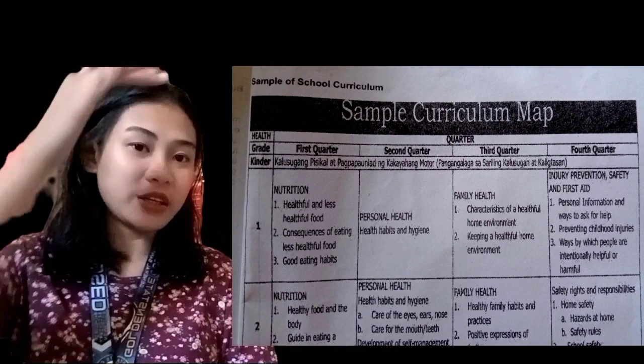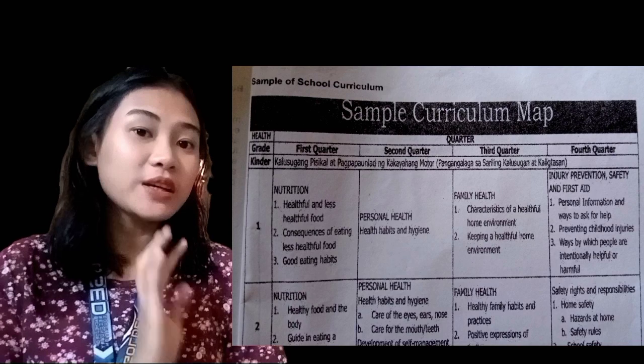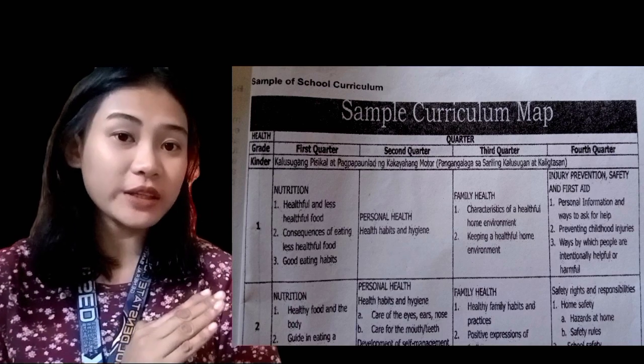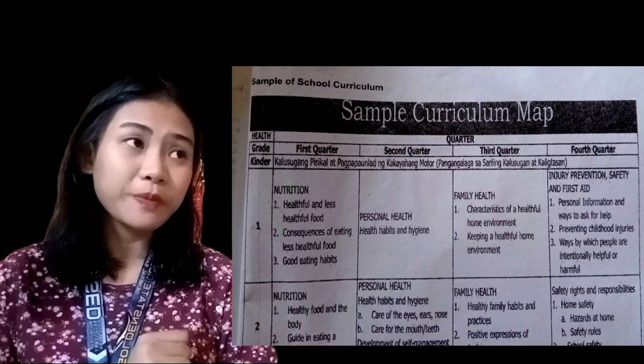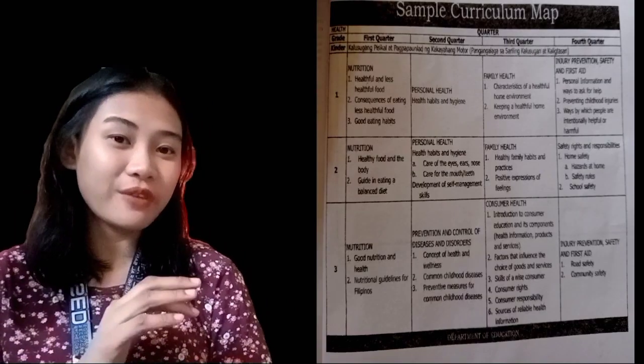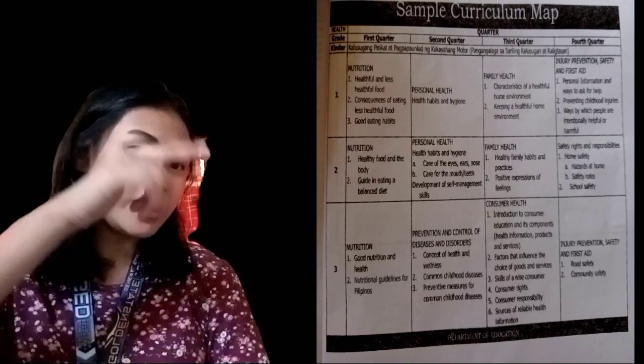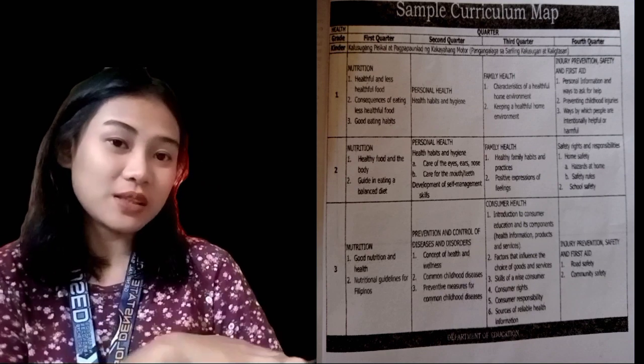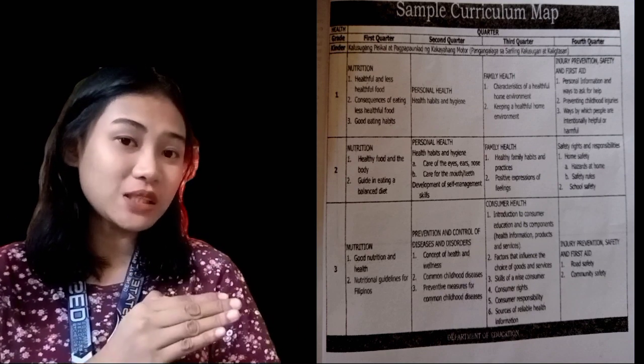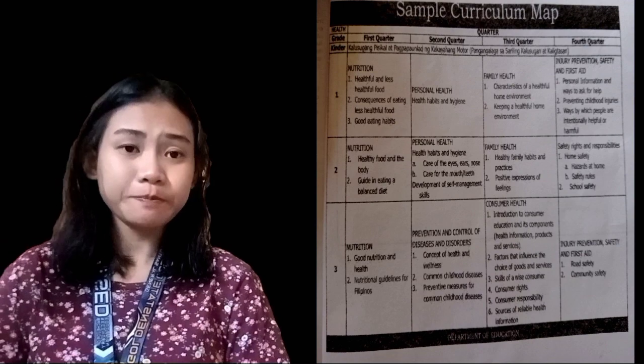As you can see, there is a first quarter, second quarter, third quarter, and a fourth quarter. Where we will be organizing our topic depends on the quarters, or depends on the semesters, something like that. And also we have here the grade level, or the levels of the topic. We have here this sample is grade 1, grade 2, and grade 3.